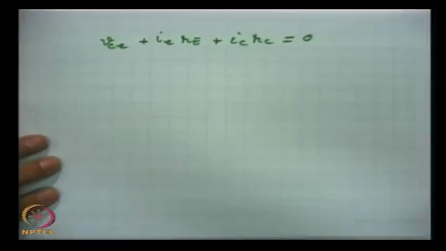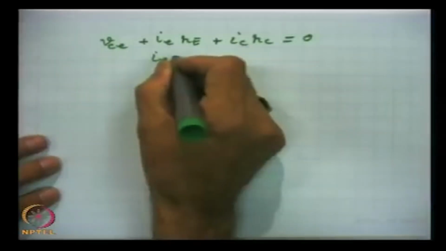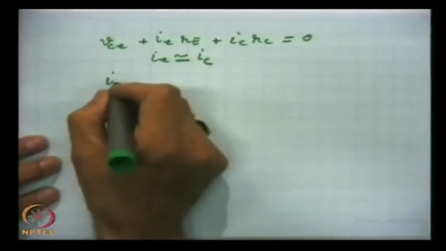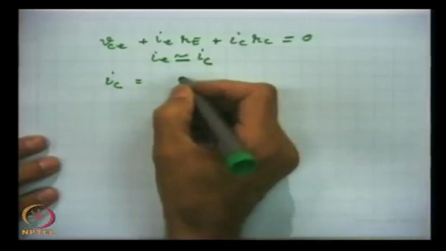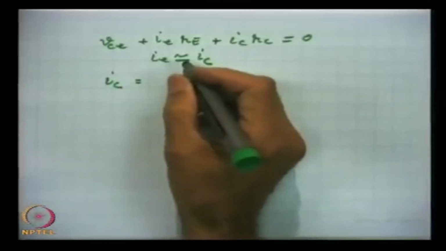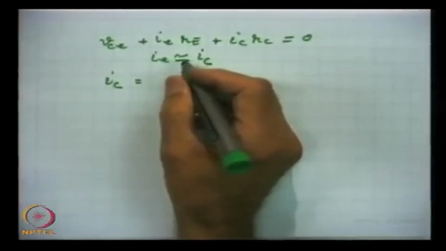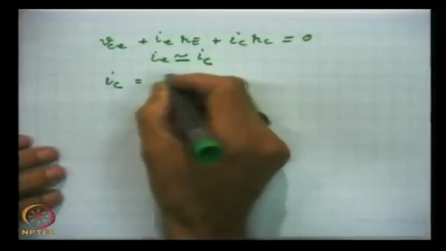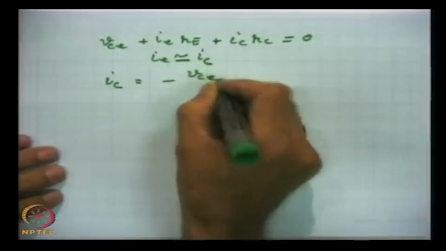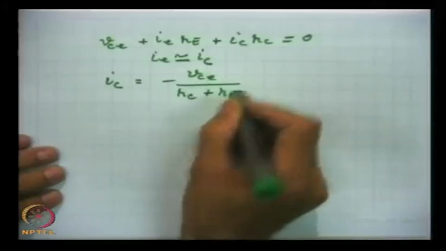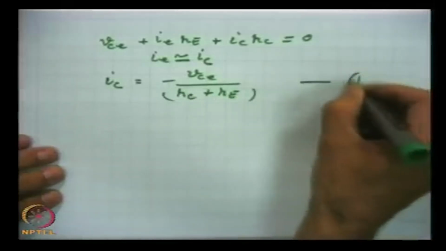And you will remember from our discussion on the bipolar transistor that IE is almost equal to IC. So, using that we can get the expression for IC as minus VCE by RC plus RE. Let us call this equation 1.